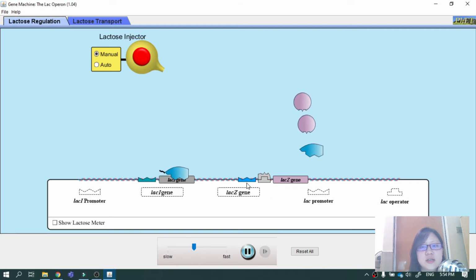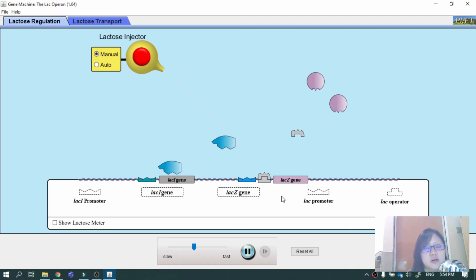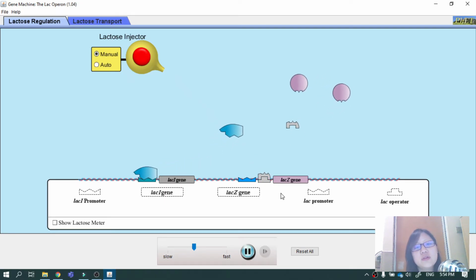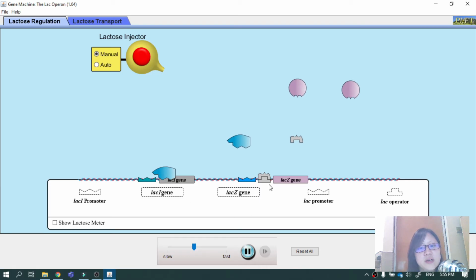So initially, you can see here that the lac ZYA genes can be expressed, but now with the repressor binding at the operator, the RNA polymerase cannot move to the operator and to the genes, and therefore no transcription is occurring right now. Now you also realize that the RNA polymerase tends to bind and then move around and then come off.